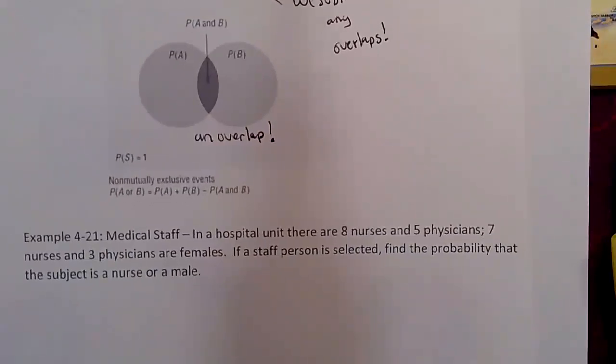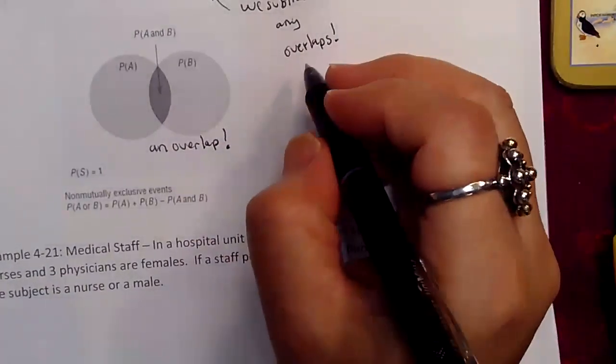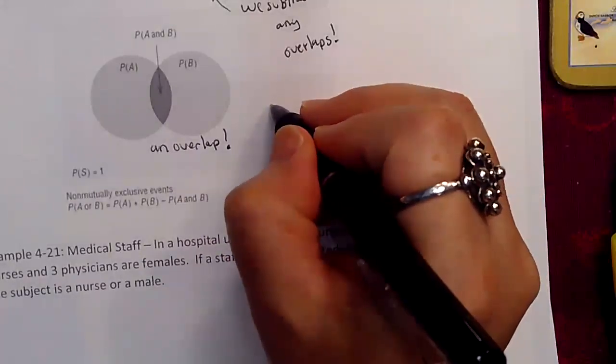Medical staff in a hospital unit. There are 8 nurses and 8 physicians. And we're actually going to need a table here. We're going to need a table. So let me draw this out here.